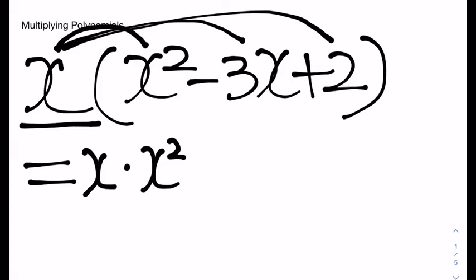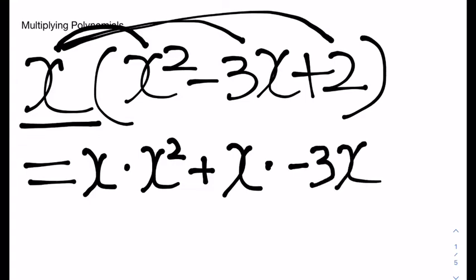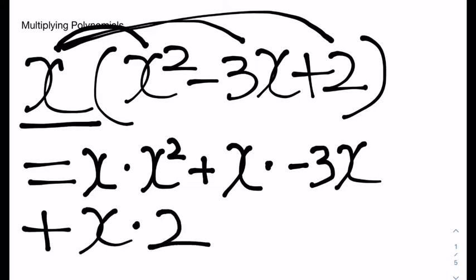So this will be plus x times negative 3x. And then lastly, we multiply x to 2. So that will be x times 2.